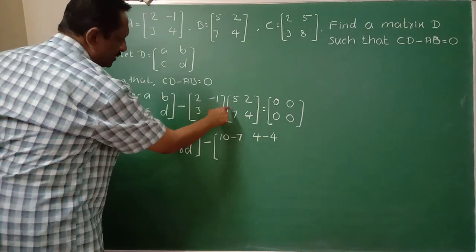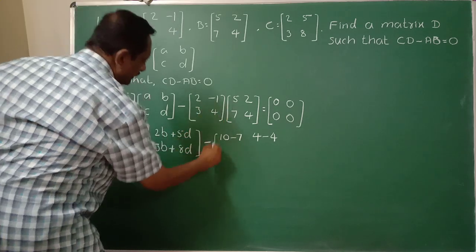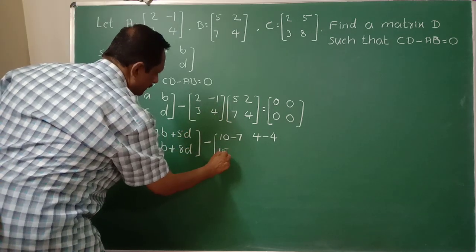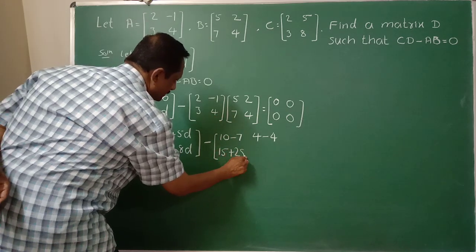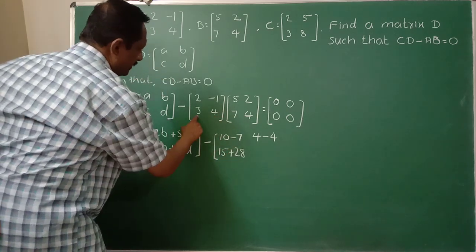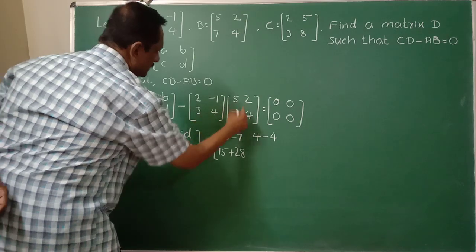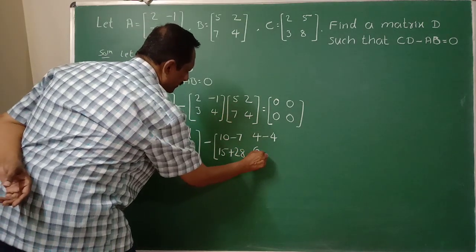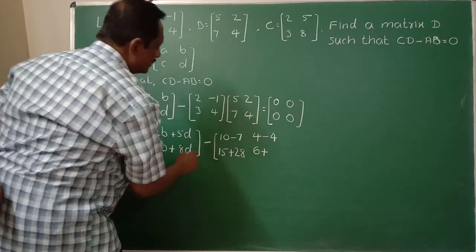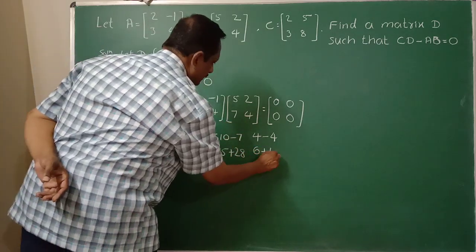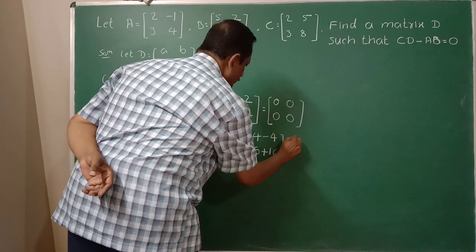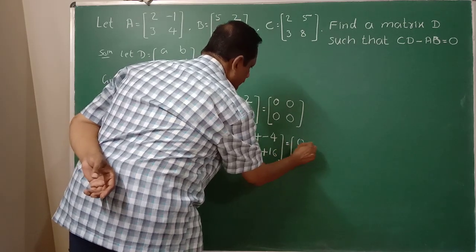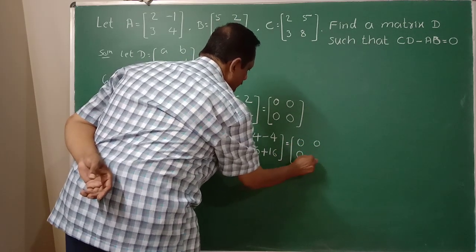Multiply this row with the column: 3 5s are 15, plus 7 4s are 28. Then 3 2s are 6, plus 4 4s are 16. That is equal to the null matrix 0, 0, 0, 0.